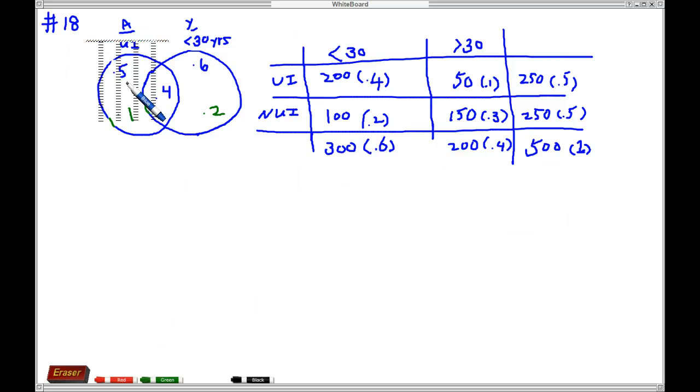So in this case, 250 out of 500, so that's 50%, and Y is indicated as under 30 years, so that case will be 300 total under the age of 30 years out of 500, so 0.6. And then question number A, P(A) and P(Y), we made it.